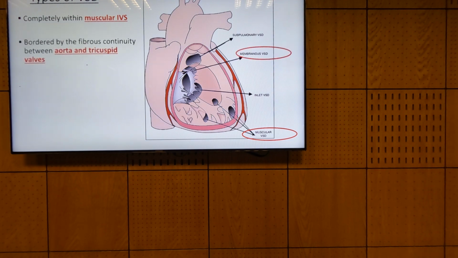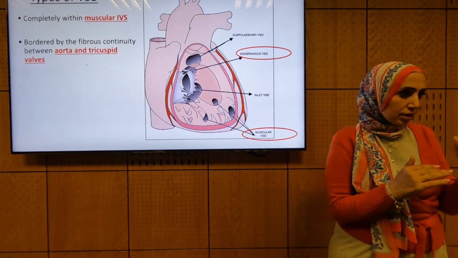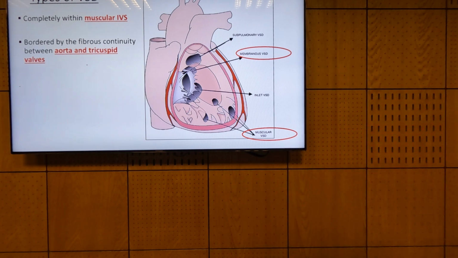Okay. We have perimembranous VSD, which is bordered by the fibrous continuity between the aorta and the tricuspid. So, is it clear? The perimembranous VSD is surrounded by the aorta and tricuspid as its upper margin.